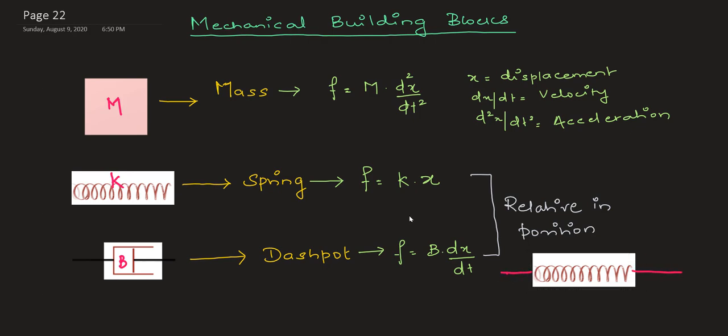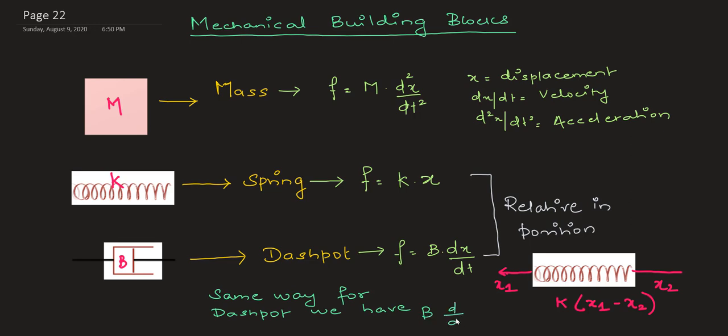Now we are going to say relative in position, meaning whenever you have a spring and a dashpot and they have two ends, they may be connected to different masses, and you have displacement x1 which is related to mass m1, and you have displacement x2 which is related to mass m2.